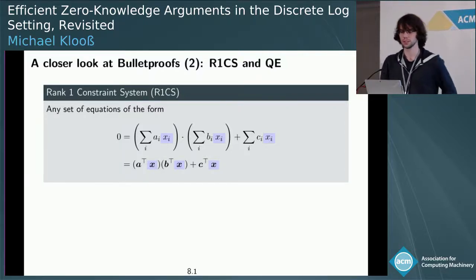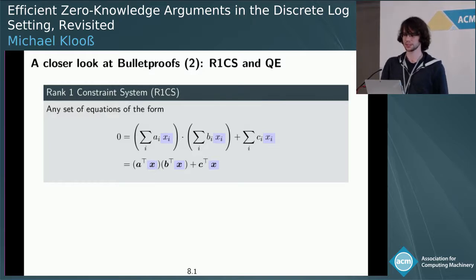So the language of bullet proofs, this R1CS language, has this form. It's a set of equations which allow one multiplication, but it's a multiplication of linear combinations of the witness vector x.